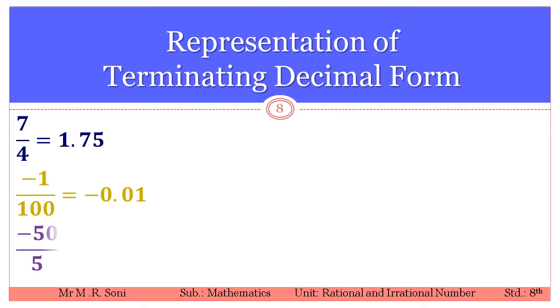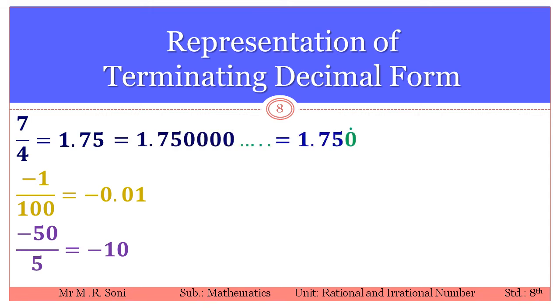Negative 50 upon 5 is equal to negative 10. 7 divided by 4 is equal to 1.75, which is also represented as 1.75000 and so on. We can put any number of zeros trailing the 5, as those zeros do not add any value to the main answer.